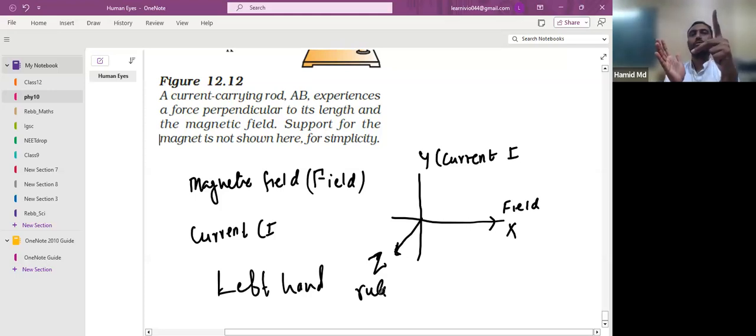If you rotate in the anticlockwise direction as we open a screw, you will get that it is coming toward the thumb. Clear? Clear or not? Yes, sir. Did you get any notion or idea?